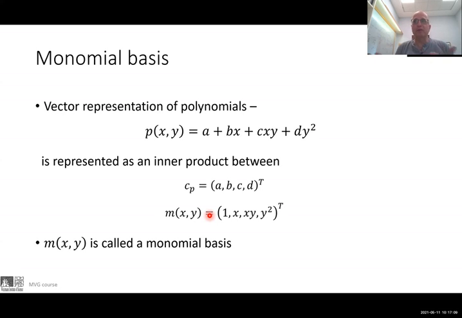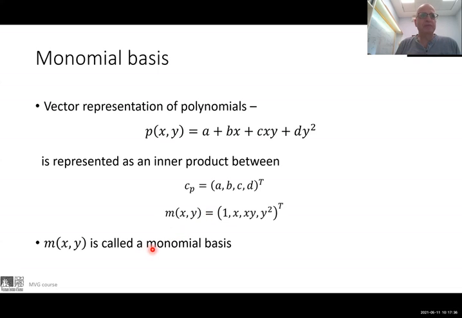And the vector of monomials is a vector function, right? Given x and y, I get a different vector. So in this case, you see that a solution or a root of this polynomial will be a situation where the monomial vector is orthogonal to the coefficient vector. That's, of course, simple.